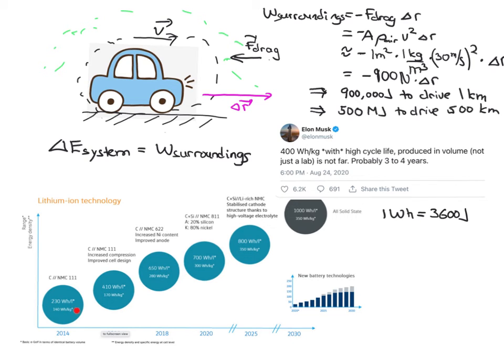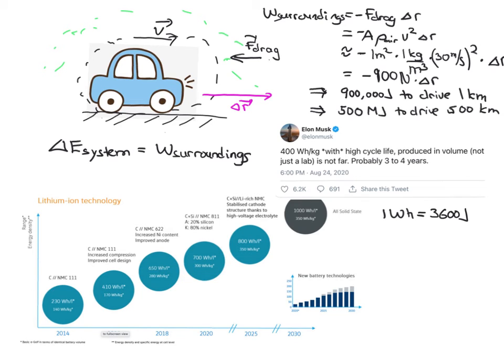Actually, the units of density of watt hours per kilogram are the smaller numbers here, and you can see in 2014 we were at 140 watt hours per kilogram. In 2020, we're all the way up to 350 watt hours per kilogram. And on the horizon is even more improvement.